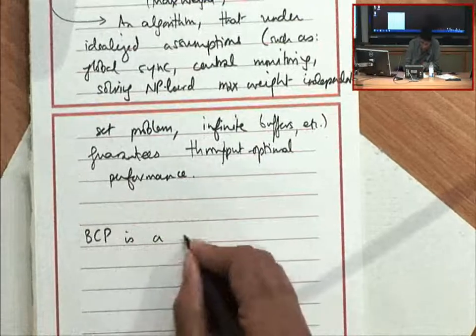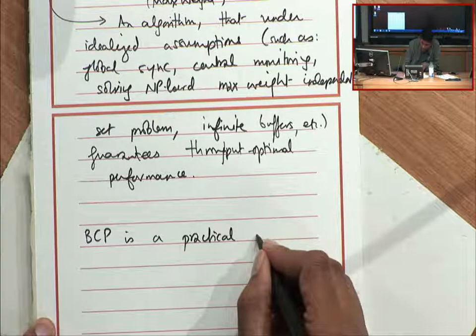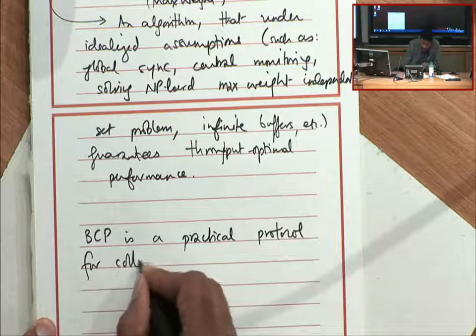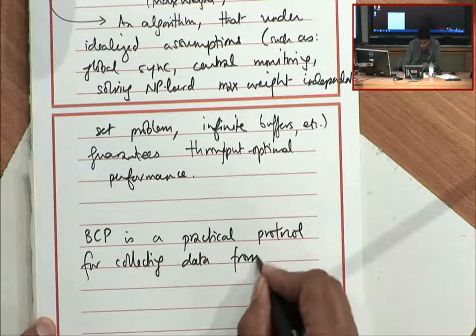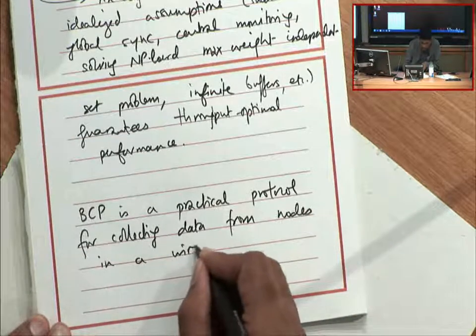The back pressure collection protocol, or BCP, is a practical protocol for collecting data from nodes in a wireless sensor network.